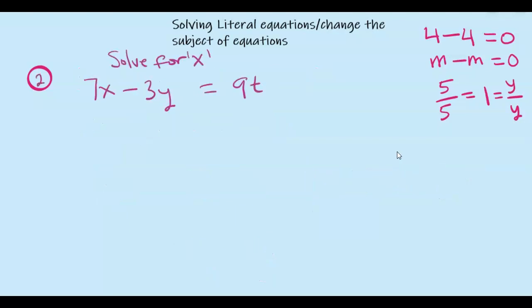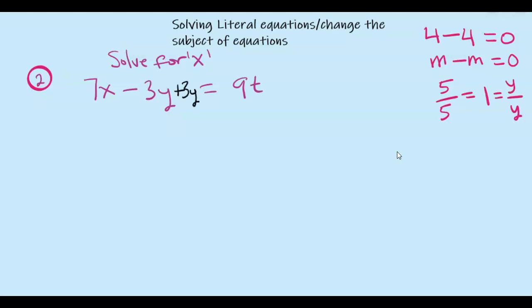So we have 7x minus 3y equals 9t, and we have been asked to solve for x. In the same way, x is multiplying by 7, it's being subtracted by 3y, so we need to get rid of this here. First of all, we will add 3y.